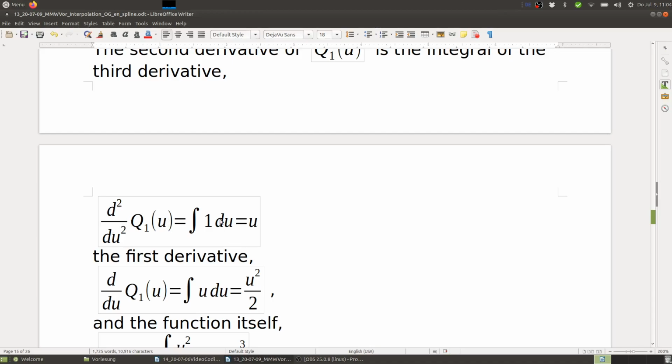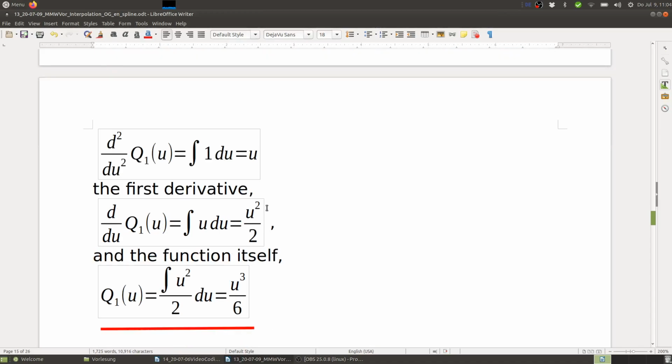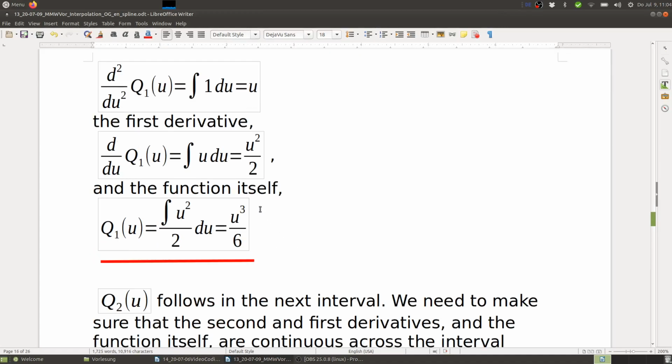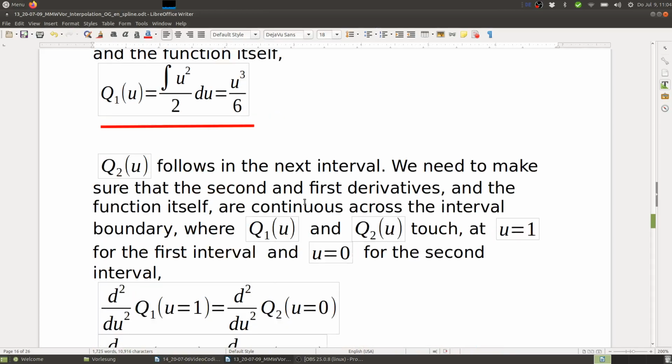So integral of 1 is just u, right? Integrate again, we get u squared over 2. And integrate again, you get u to the third power over 6. And this is now our final polynomial q1 of u for the first interval. So that was easy enough.